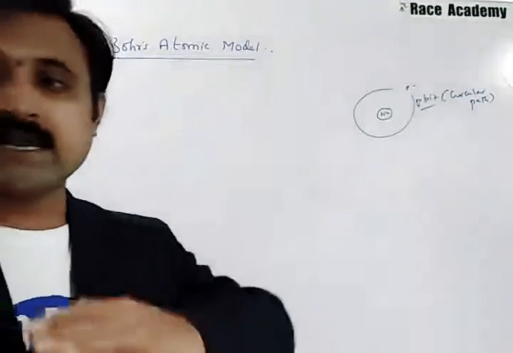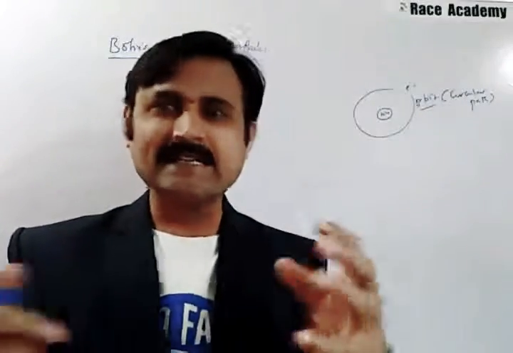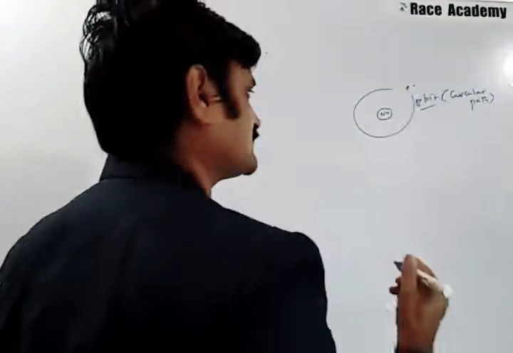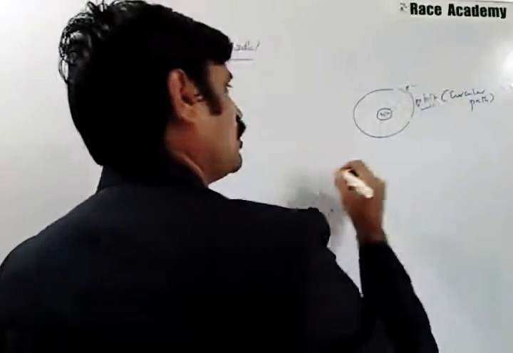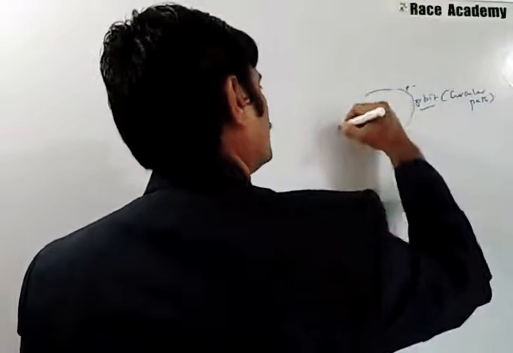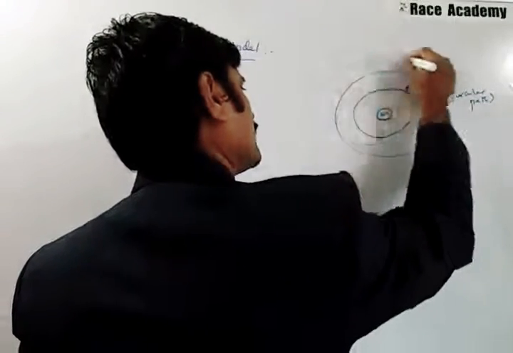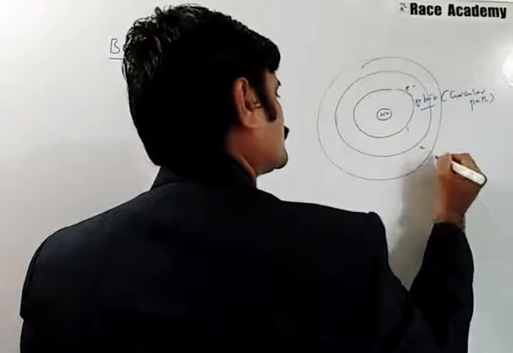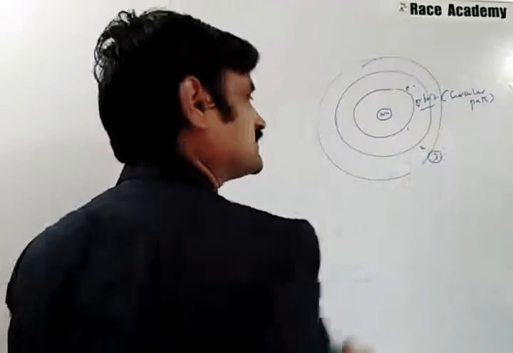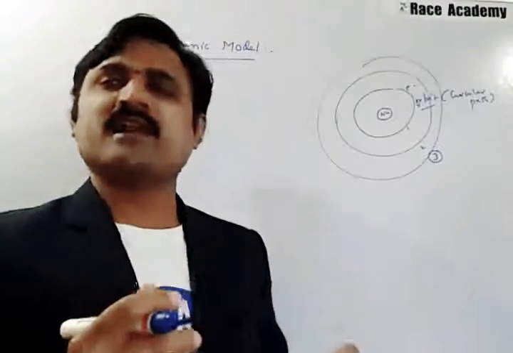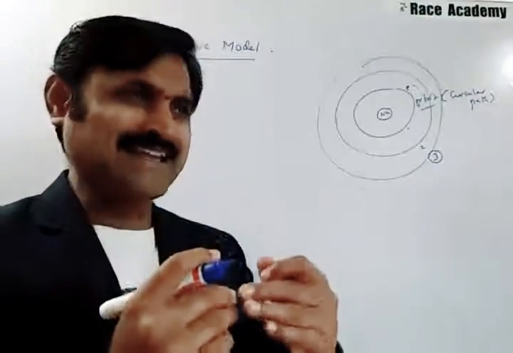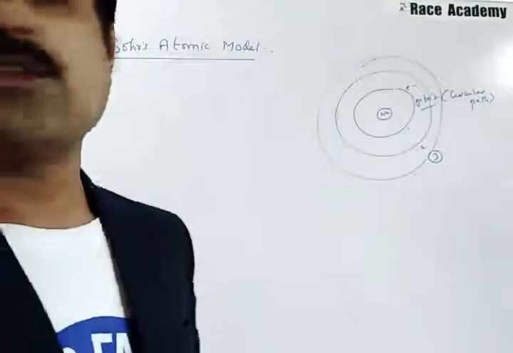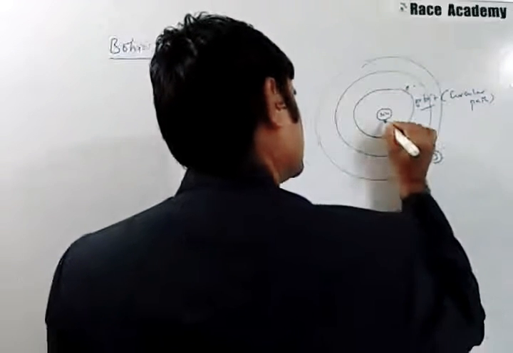After that, the energy of an orbit increases as the distance of the orbit from the nucleus increases. Suppose we have written orbits like this: 1, 2, 3. So this is the third orbit. The energy of the orbit increases as the distance of the orbit from the nucleus increases.